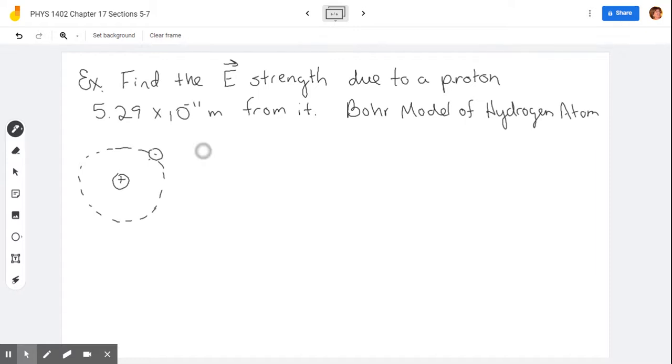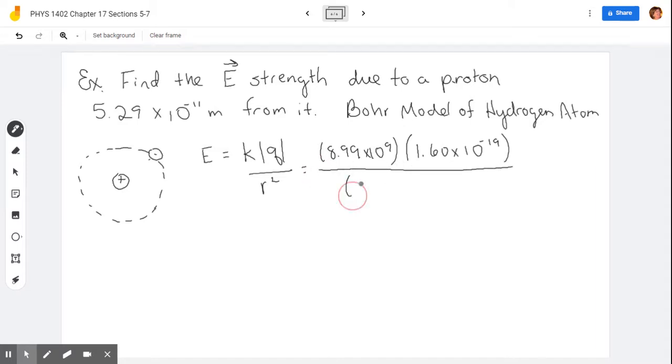So we would say that our electric field strength is K, absolute value of Q, over R squared. K is 8.99 times 10 to the 9th, that's Coulomb's constant. Q for a proton is just the charge on a proton or electron, 1.60 times 10 to the negative 19 coulombs.